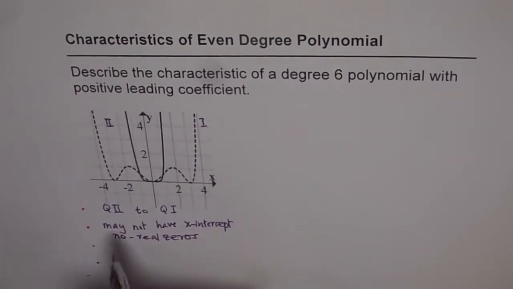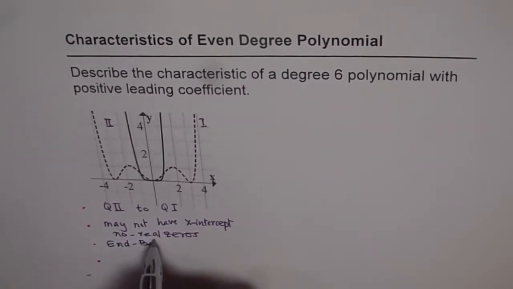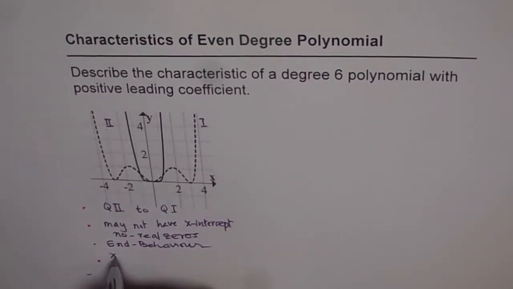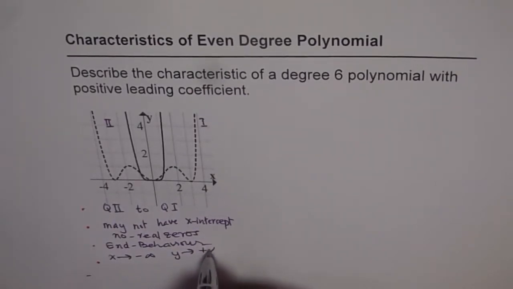Now the other things which you see from here is that there is the end behavior. Let's talk about the end behavior now. The end behavior is kind of very typical. End behavior here is, as x approaches minus infinity, so as you move this side, y approaches plus infinity, right?